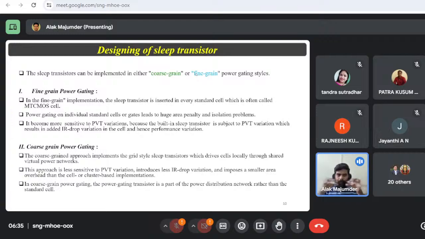If only sub-blocks are power gated, meaning internally every standard cell is not power gated, only a single sub-block is power gated, so if the power is not going, then the entire sub-block will not get power. It comes under coarse grain. So coarse grain focuses on the sub-blocks, fine grain focuses on individual standard cells.